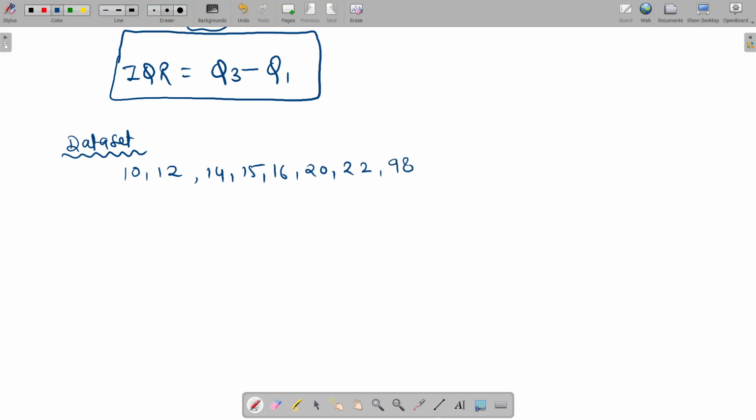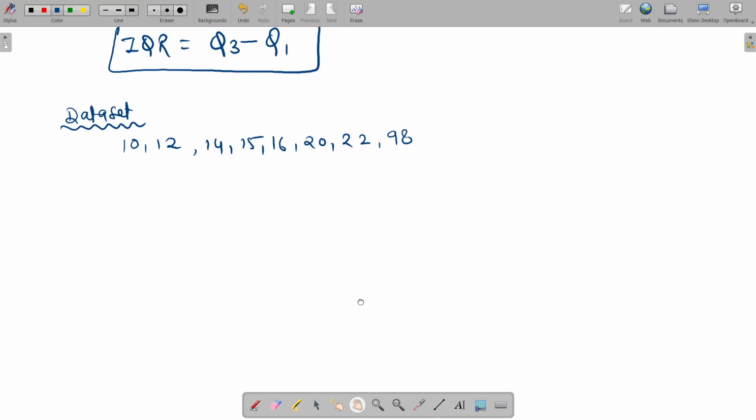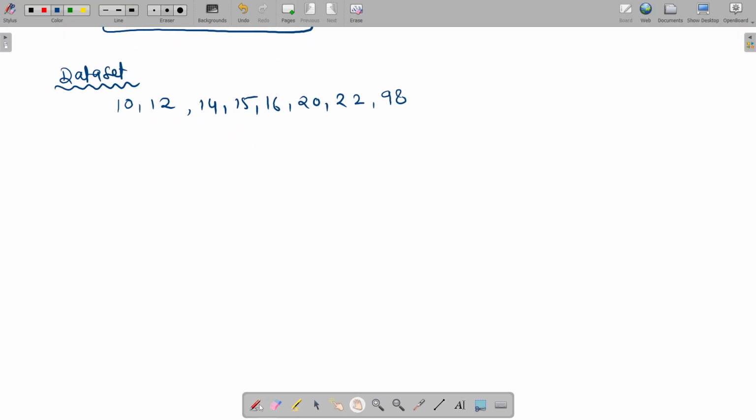Before calculating Q3 and Q1, always ask yourself: is my data already arranged? If it is arranged, no problem. If it is not arranged in ascending order, your first job is to arrange it in ascending order.